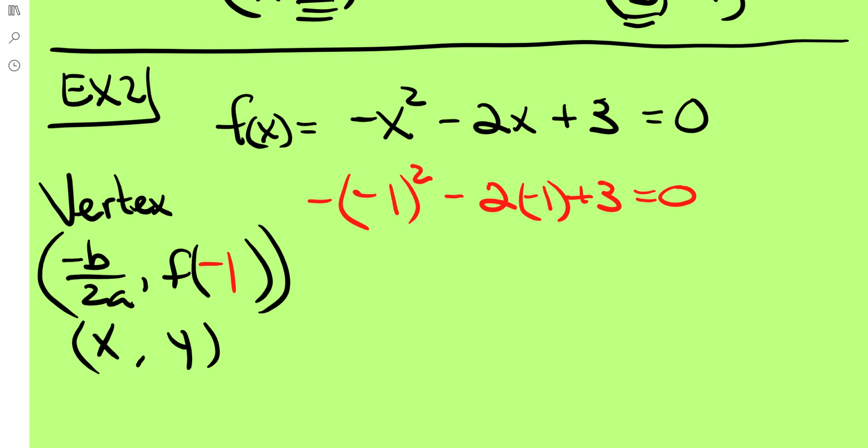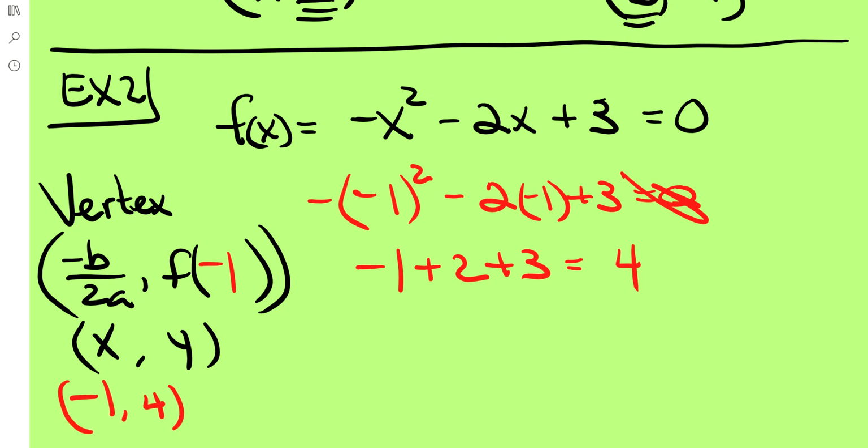I don't even need the equals 0; I want to figure out what this equals in itself. So I've got negative 1 plus 2 plus 3, which is 4. So my vertex becomes negative 1 comma 4.